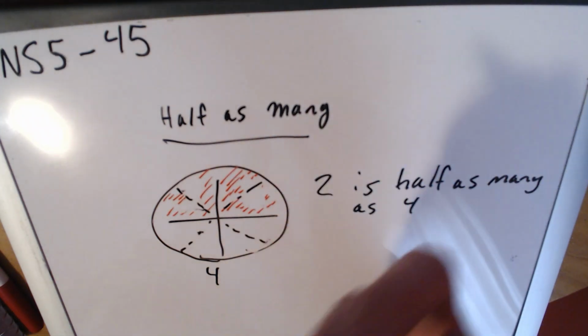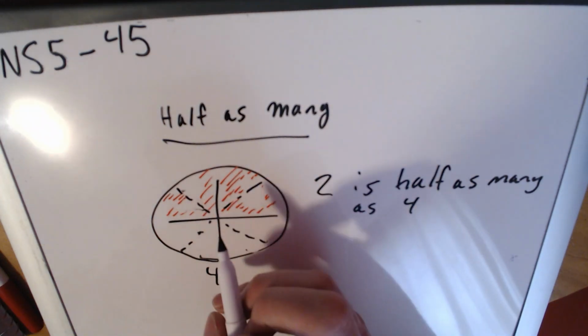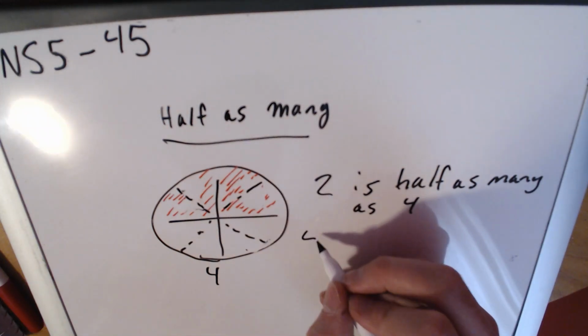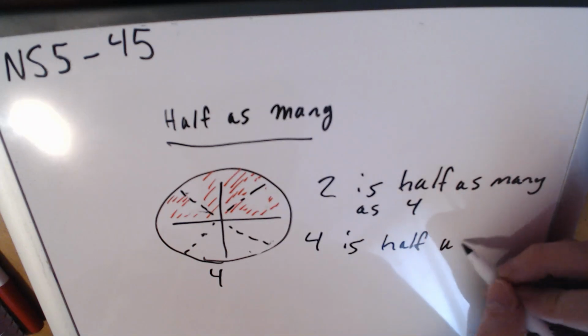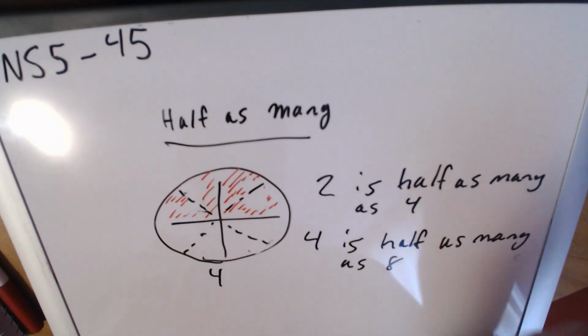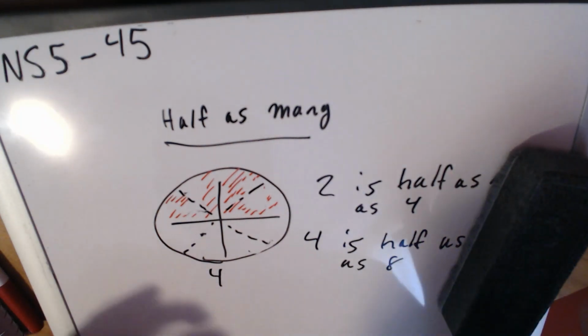Well, what's half as many as 8? Well, we've colored in half of the shape, right? And so 1, 2, 3, 4. So you could say 4 is half as many as 8. And that's true. And so that's just the expression of half as many.